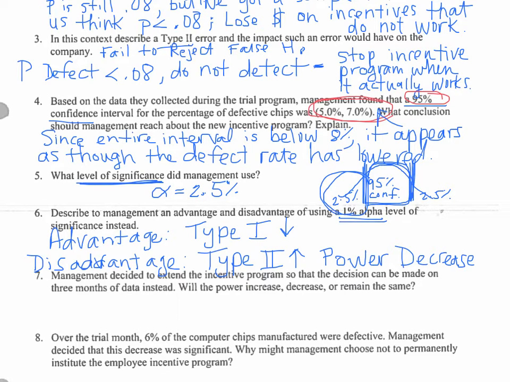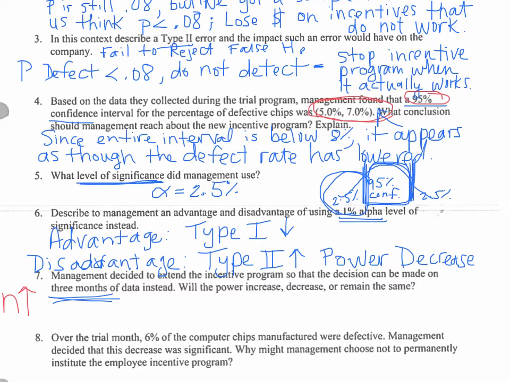All right, so now on this next one, it says management decides to extend the incentive program so that the decision can be made on 3 months of data instead of the 1. So if we're doing 3 months of data, then what's happening is N is going up.